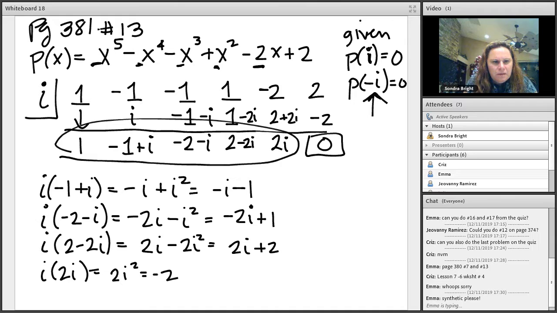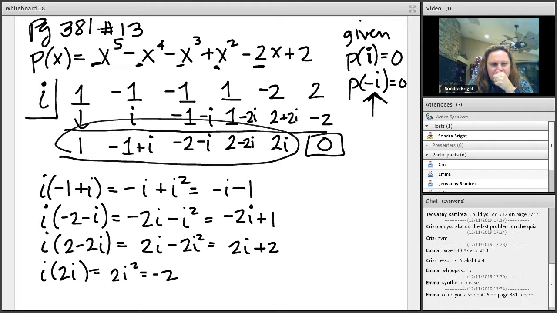Negative, okay, wait, come down here. Minus, shoot. 2i minus 2i squared plus 2. 2i plus 1. Something went wrong.